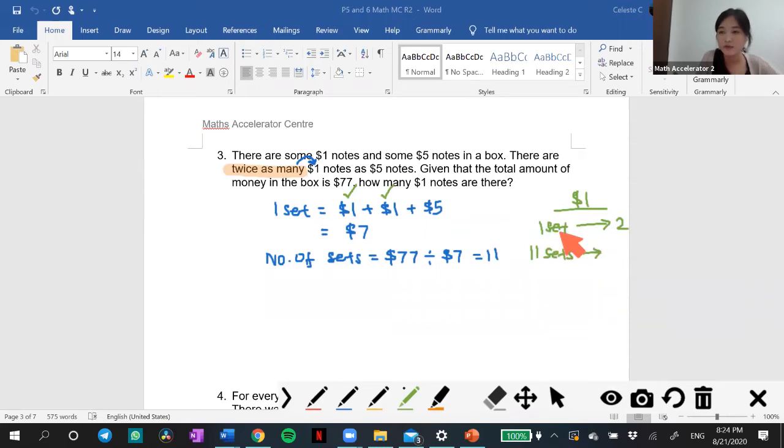If one set you have 2 $1 notes, how many will you have in 11 sets? You have 2 times 11. So 2 times 11, you will get 22 $1 notes. That is how most of you got this answer, 22 $1 notes.